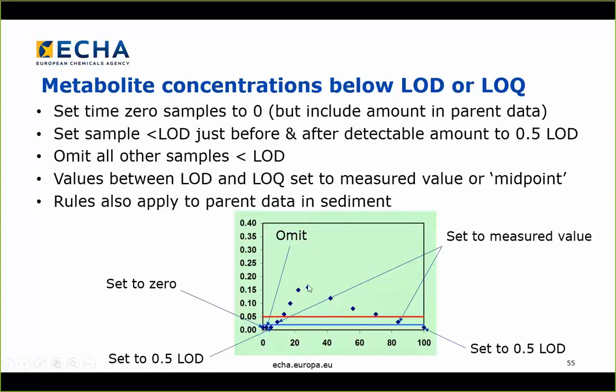And you would include all these time points, and then you come to your LOD rules again here, and this is the first less than LOD value, so you would include it. If there were 3 or 4 more less than LOD values, you would not include these unless the concentrations increase to be above the LOQ. Then you would include them.